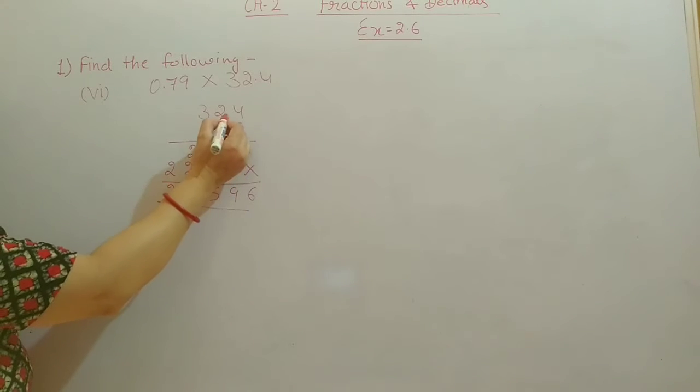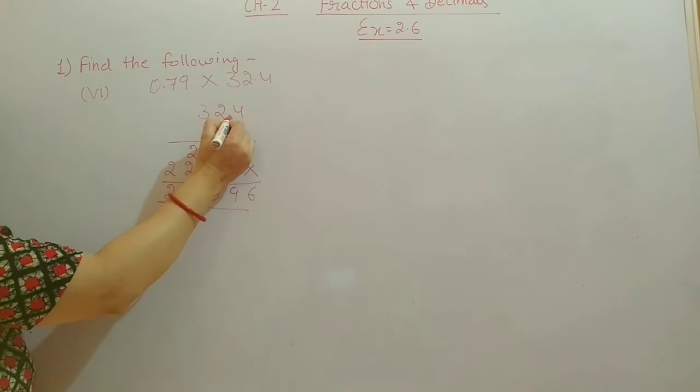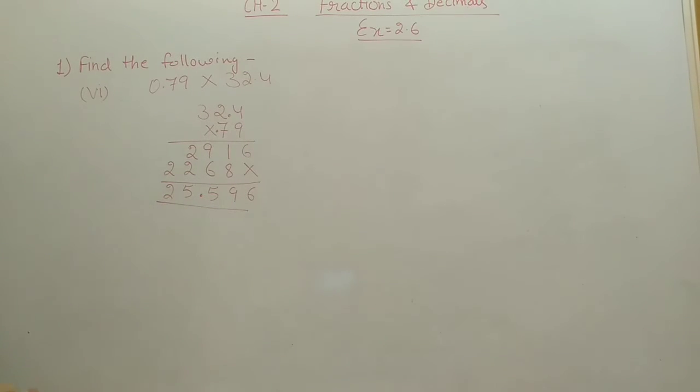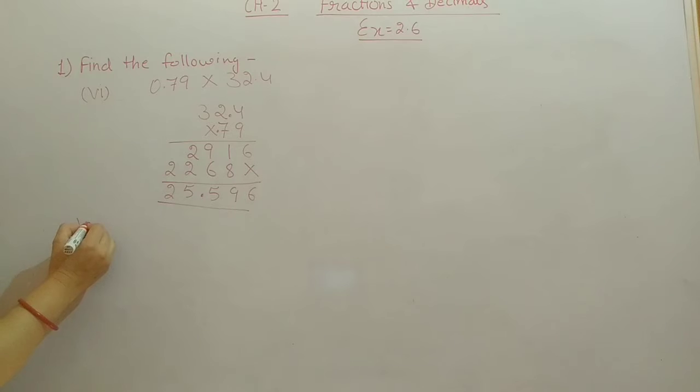Now we have 1 decimal here and 2 decimals here. So total are 3 decimals. 1, 2, 3. The answer is 25.596.